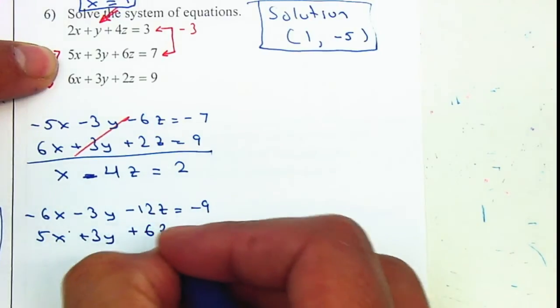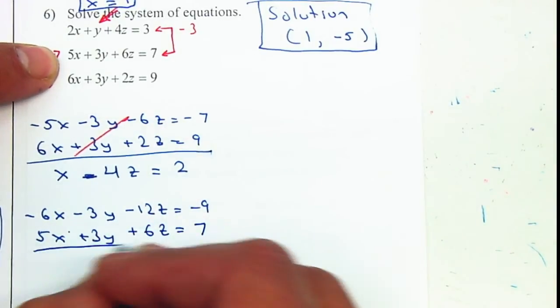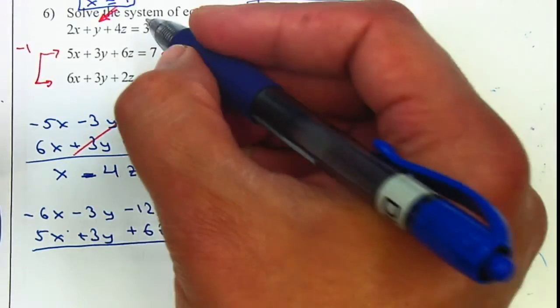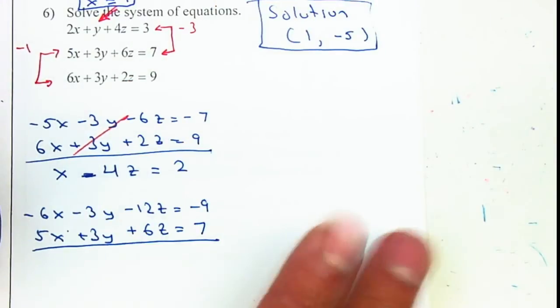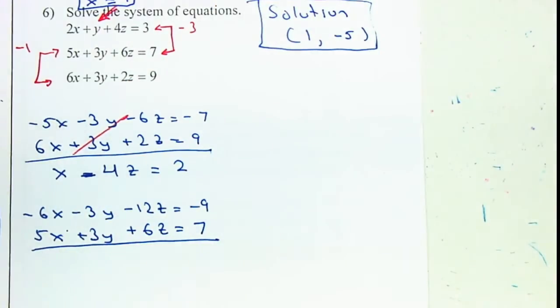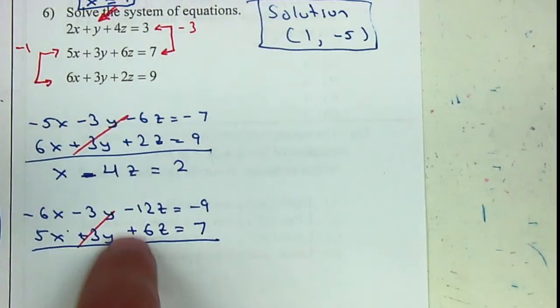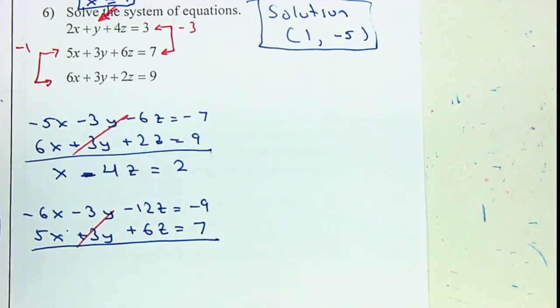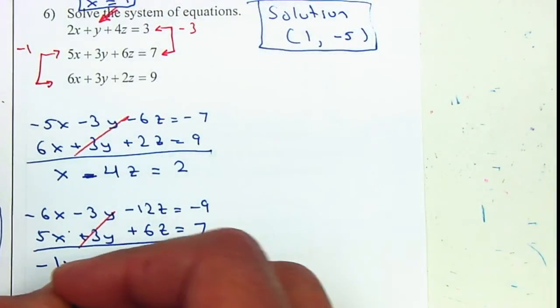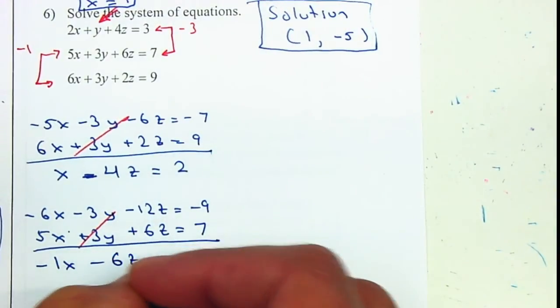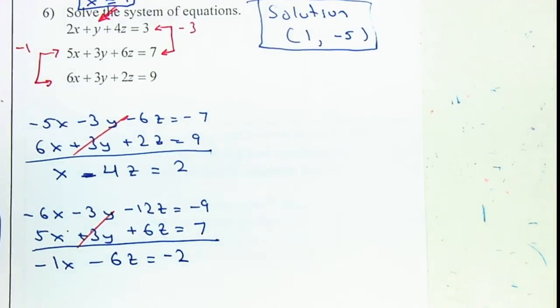Now if you use two other equations different from the ones I used, if you use number 1 and number 3, at the very end you should end up with the same answer. So the y's cancel again. Remember, you want to cancel the same variable twice. That gives me negative 1x minus 6z is equal to negative 2.